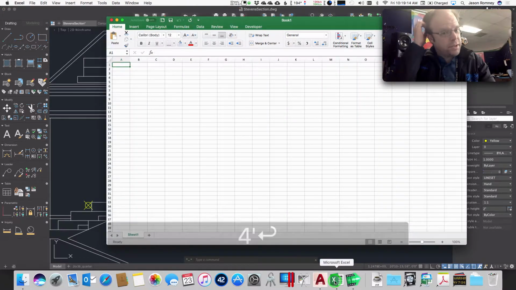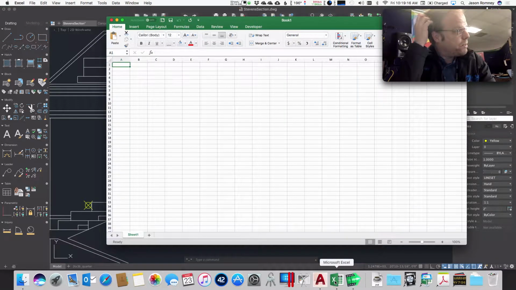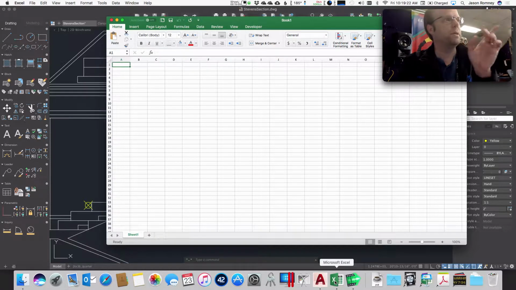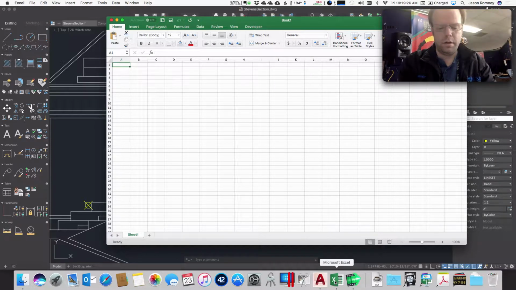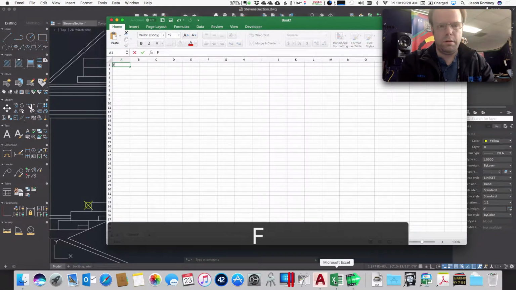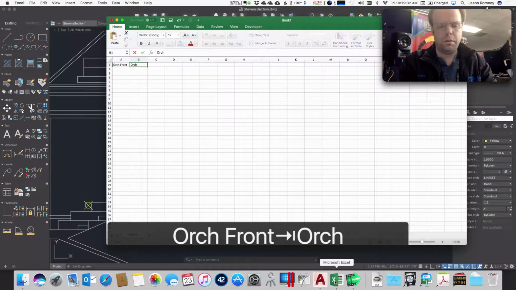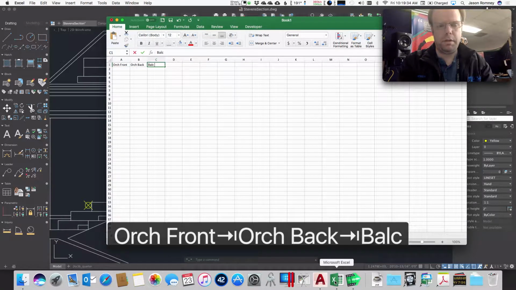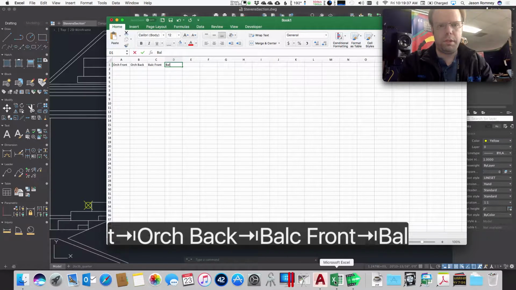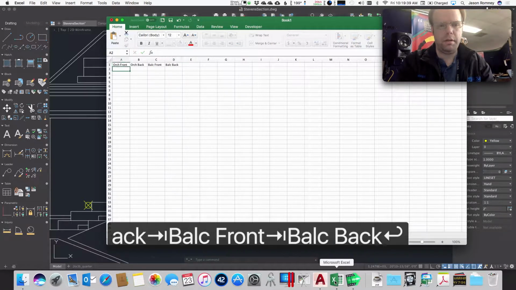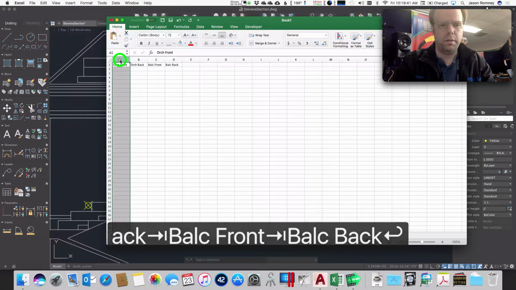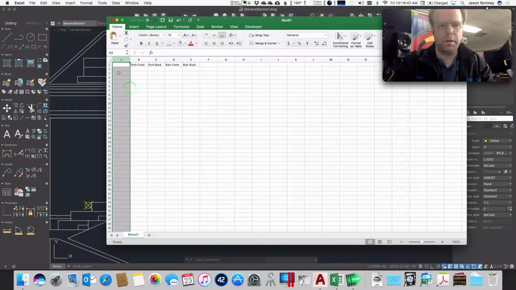And just because this is going to be a lot of data I'm going to have to keep track of, I'm going to just use Excel to help remember things for me. But you should be writing them down too, because sometimes I might forget. Okay, so I'll do orchestra front, orchestra back, balcony front, balcony back, and I'm going to need a column here.